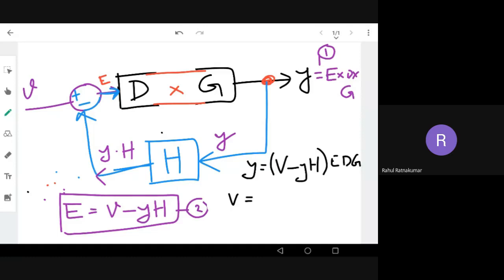Right now I'm trying to simplify in my mind. We'll get YH plus Y by DG, something like this. So DG comes to the left, so Y by DG on the left, then V will be Y plus YH, right.